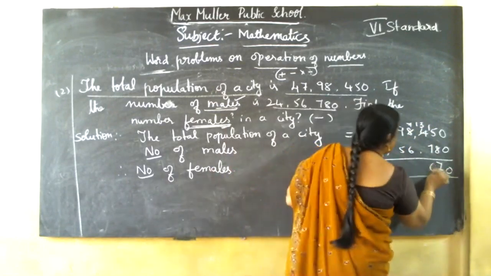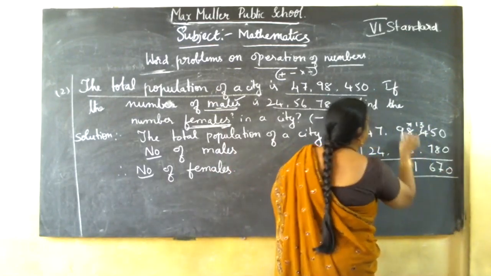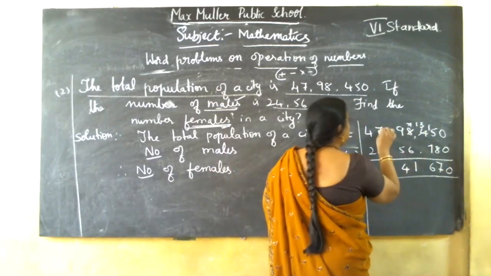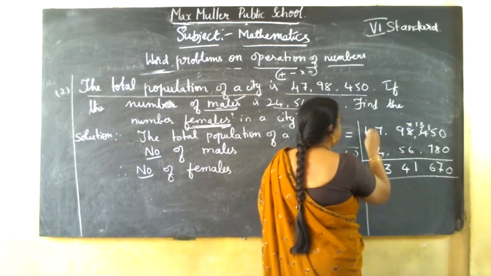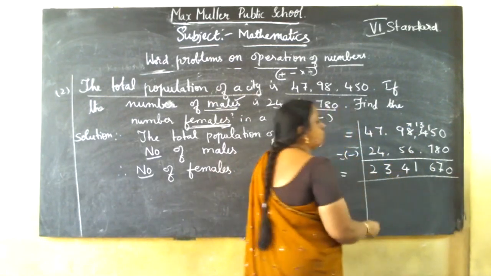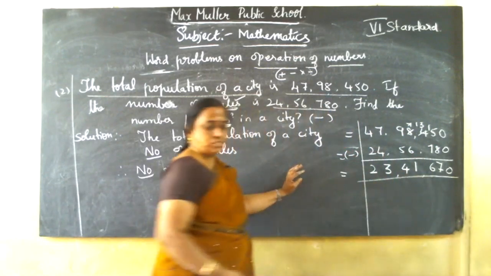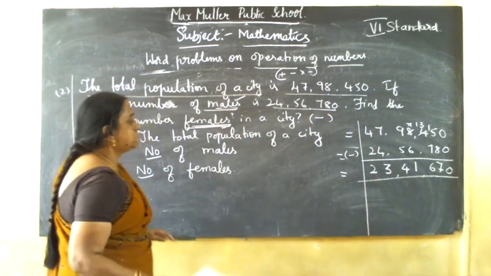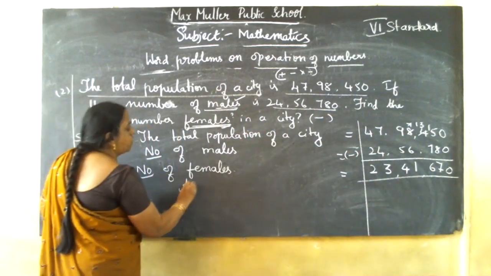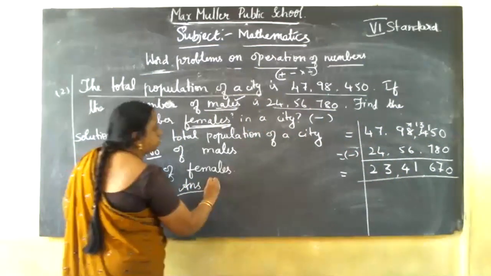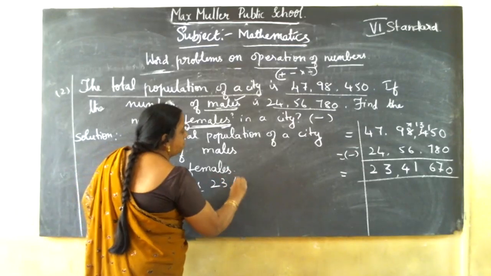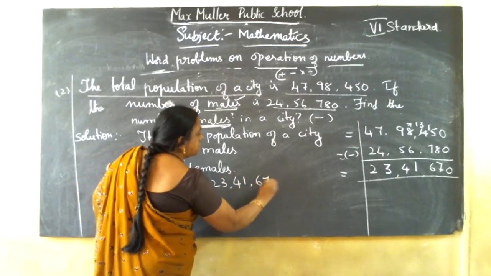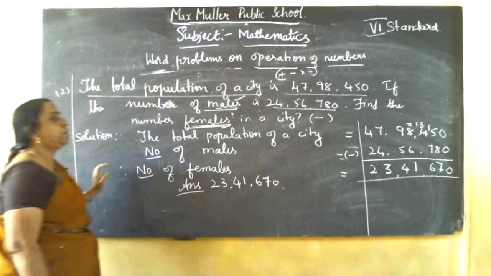So 6. 7 minus 6, 1. 9 minus 5, 4. 7 minus 4, 3. 4 minus 2, 2. So we got the female population is 23,41,670. Answer equal to 23,41,670. Got it?